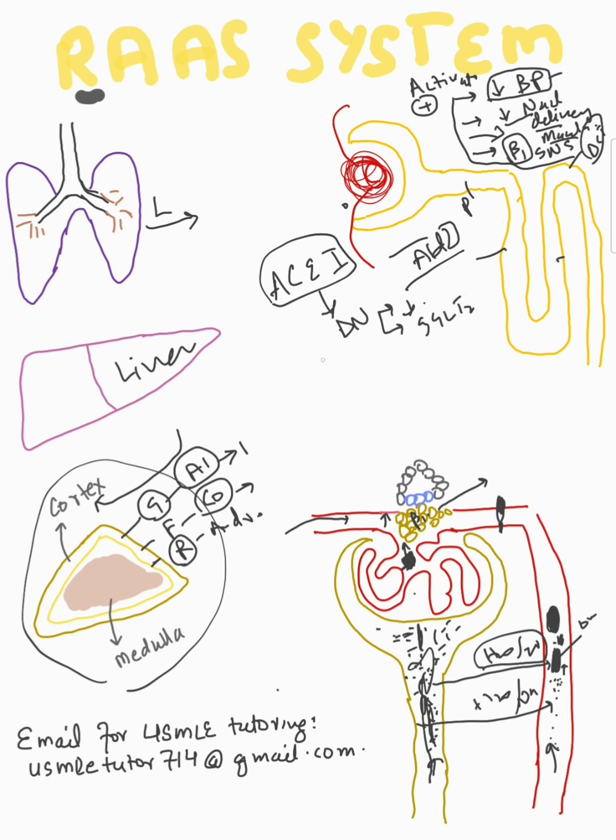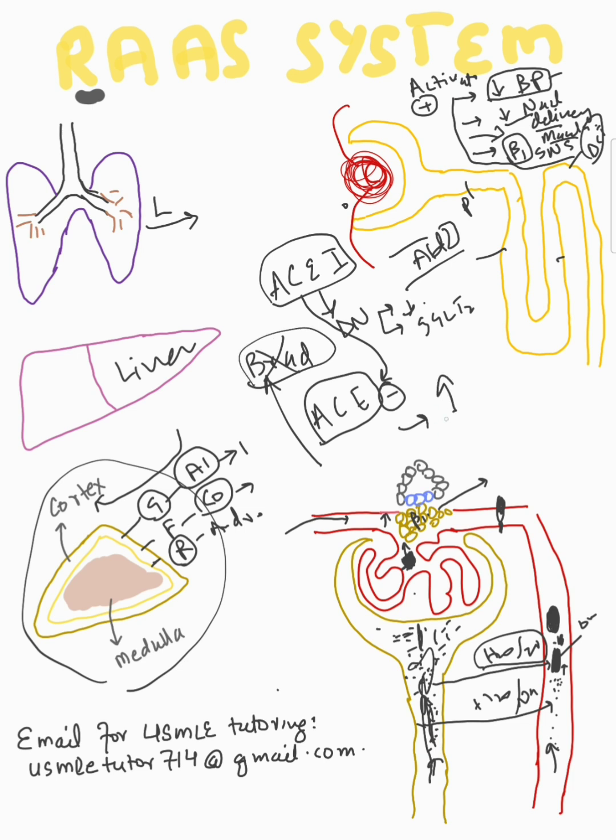Now, remember, the angiotensin converting enzyme also breaks down bradykinin. So once you give an inhibitor of this, the bradykinin is not broken down, which means increased bradykinin. Increased bradykinin is an irritant to the airway and can cause cough.